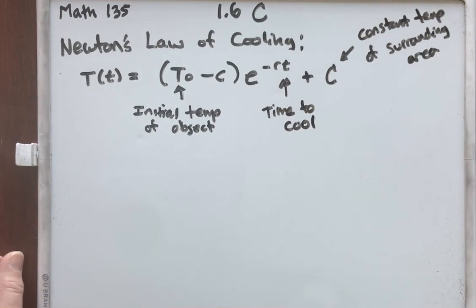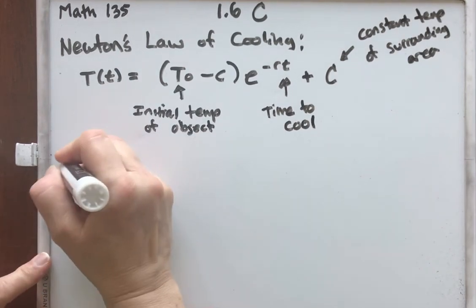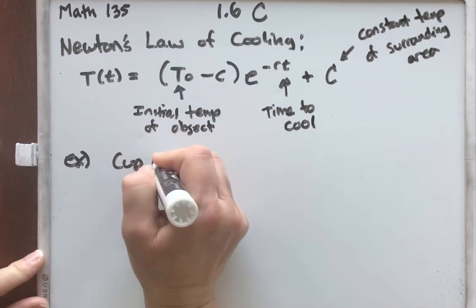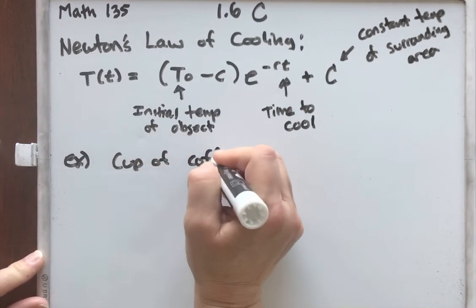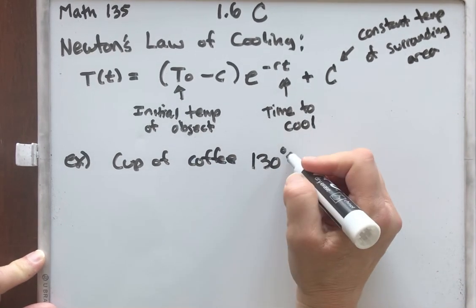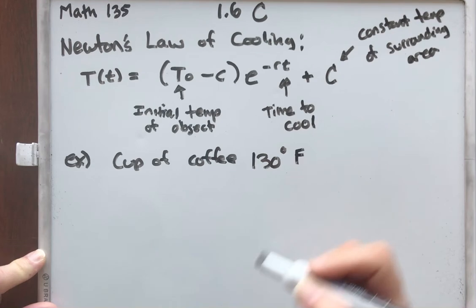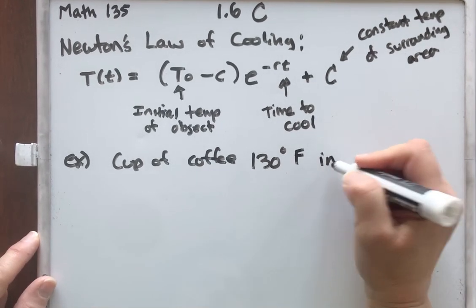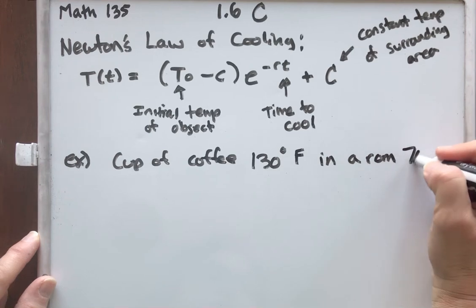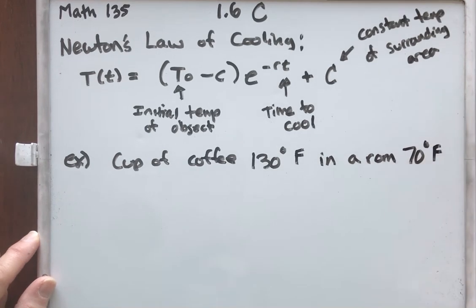Okay, so we're going to do a real problem here. Example: a cup of coffee is going to be 130 degrees Fahrenheit in a room that is 70 degrees Fahrenheit. That sounds realistic. Okay.